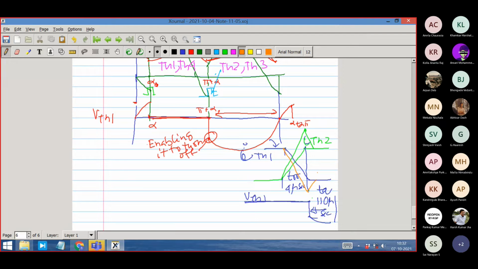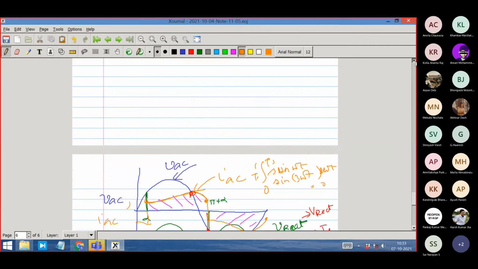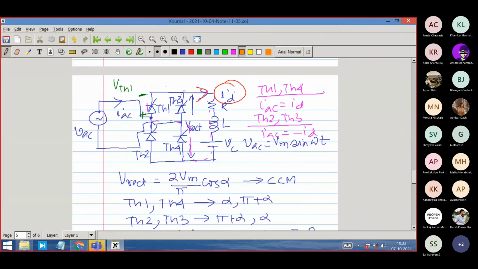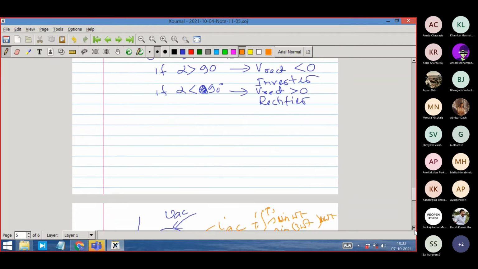TRR is the zone when the thyristors are shorted, which is an uncomfortable situation in our case, because you can see that it is shorting the source. If I short both the thyristors, TH1 and TH3, did I say TH1 and TH2? Okay, one minute. I don't want to do unnecessary complication.